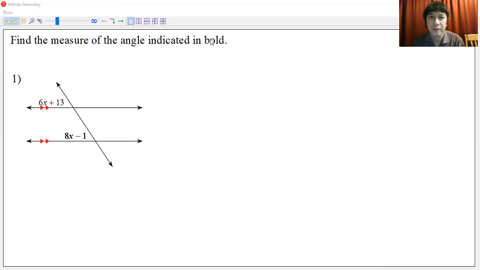Okay, so let's have the solution for this. Corresponding angles are supposed to be congruent if they're contained in parallel lines. The very definition of this is, if two parallel lines are cut by a transversal, then corresponding angles are congruent. So this angle and this angle are called a corresponding angle pair.